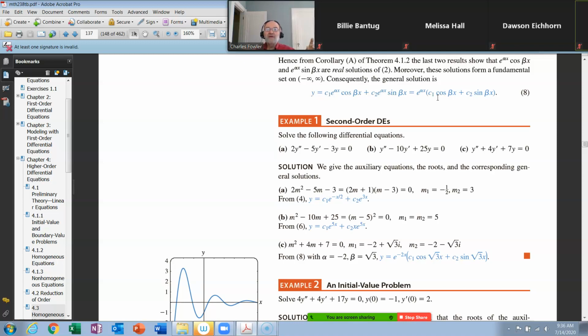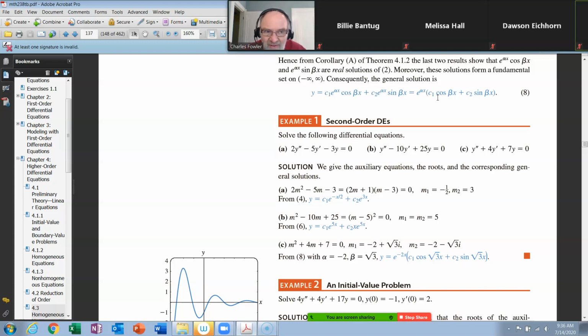You now have real functions of cosines and sines, which you know are linearly independent. Yeah, you have the e to the alpha x in front. That's fine. The alpha and the beta come from your quadratic formula. Those are fixed by whatever you got in the problem. The c1, c2 are your arbitrary coefficients. Okay? Is this making sense?